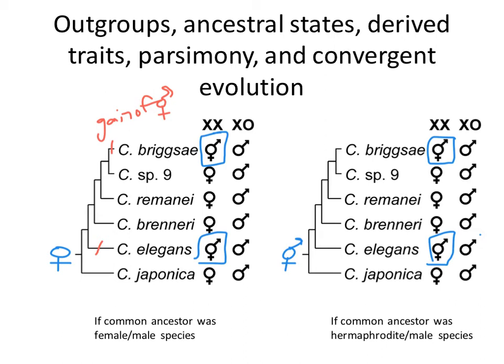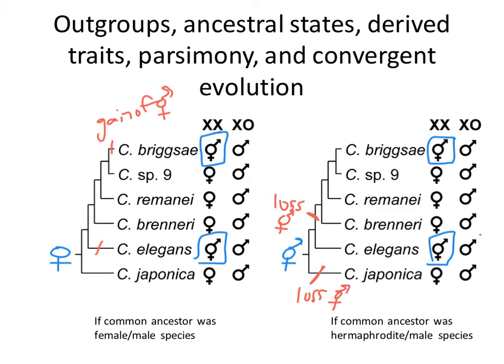So example 1, I'm just going to throw this out there to start. So let's say there's a loss of hermaphroditism right there. Where else would there have to be a loss? Pardon? On the bottom, yeah, right. The branch leading to japonica would also have to be a loss of hermaphroditism because it's a female species.